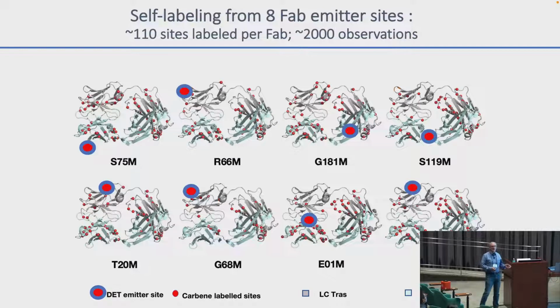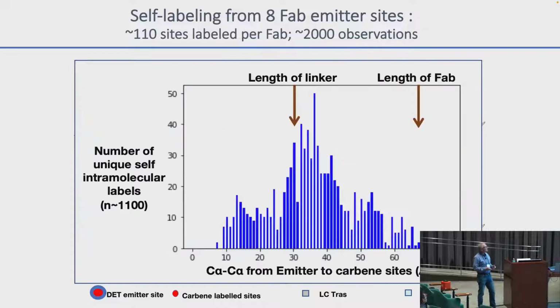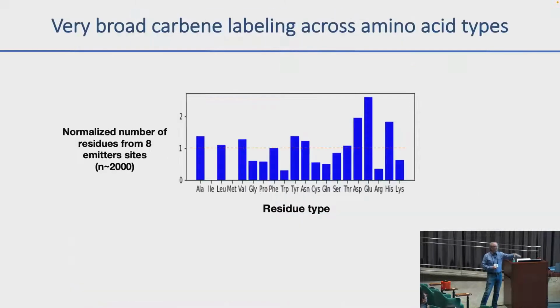And what we find is that each labeler gives a different spectrum of labels. If you look at these in aggregate, and I'm going to go through them quickly because I can see I'm running out of time, you get this Gaussian distribution centered right around 30 angstroms. This is the length of the Fab, so the labeling actually extends all the way through the Fab and then beyond. It's even in what it labels.